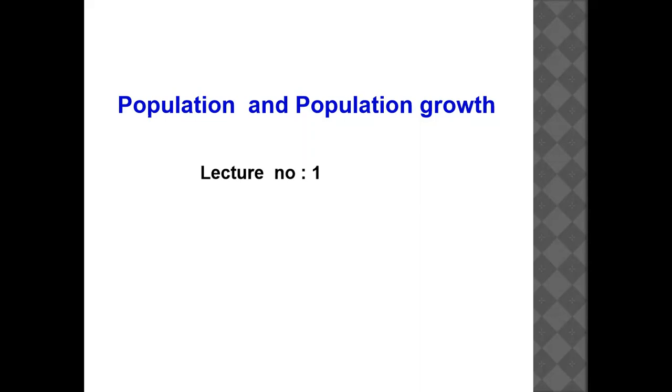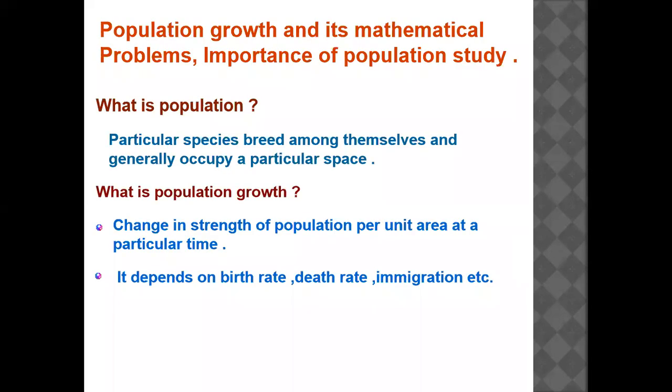Today, I will discuss population and population growth. First, what is population and population growth? Population is a group of organisms of a particular species which breed among themselves or have the potential to do so and occupy a particular space.